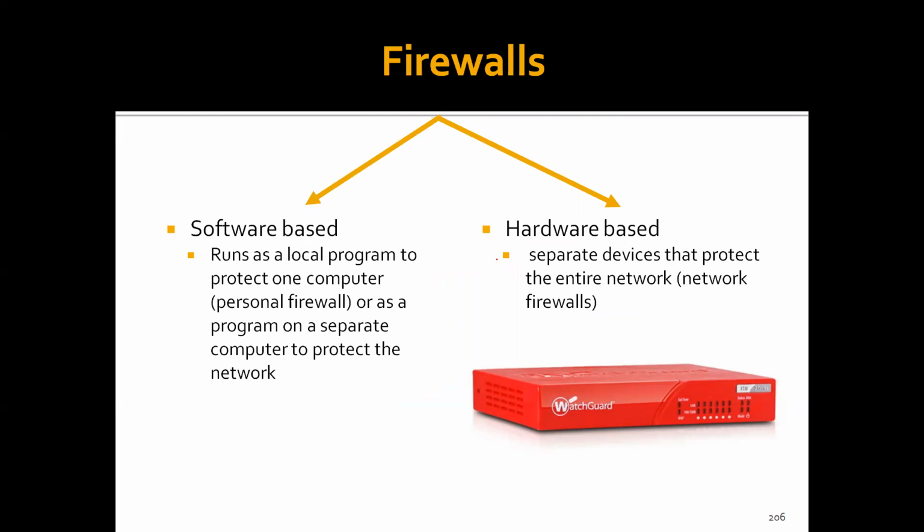Firewalls basically have two types: software-based firewall and hardware-based firewall. A software firewall runs as a local program to protect one computer, a personal firewall, or as a program on a separate computer to protect the network. We can protect our LAN machines one by one using software firewalls. A hardware firewall is a separate device that protects the entire network.